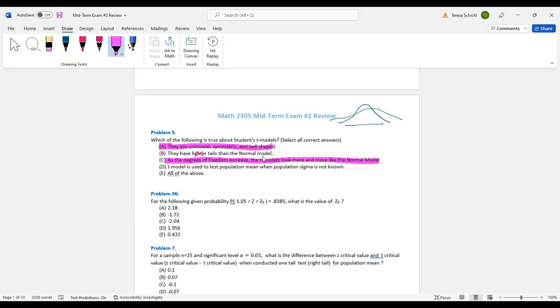When the degrees of freedom is typically greater than 30, then the T model will look very similar to the normal model. Okay, and so the last one, D. The T model is used to test the population mean when the population sigma is not known. That's correct, right? So we use the T model. We use the Z model when the population sigma is known.